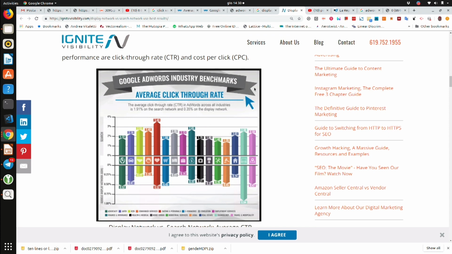It's not very clear now, but you have two distinct areas. One is the search area, the one we were talking about, namely I write down a query and I provide advertisement for that given query. And the other one is the Google Display Network.